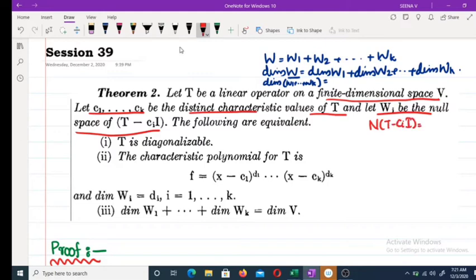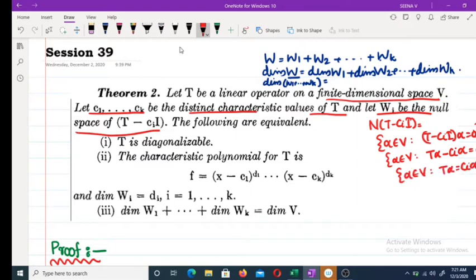It is the set of all alpha belonging to V such that (T minus Ci I) alpha is equal to 0. That is, the set of all alpha belonging to V such that T alpha minus Ci alpha equals 0, that is, T alpha equals Ci alpha.